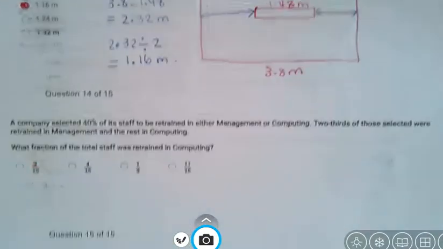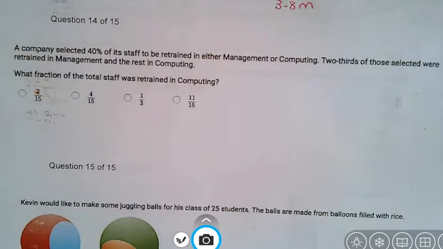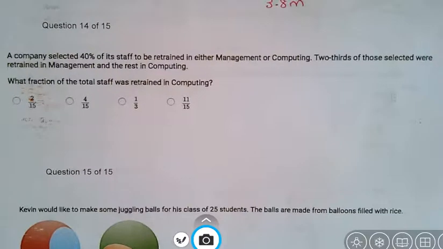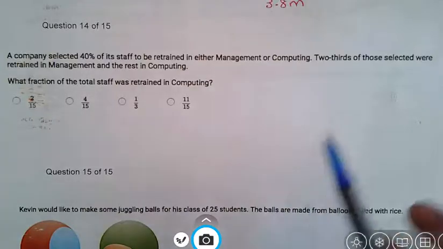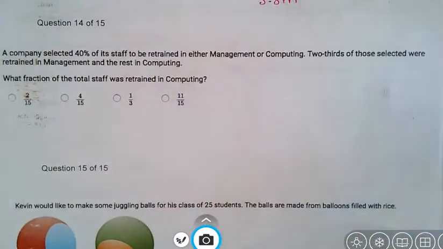Now for question 14, it says, a company selected 40% of its staff to be retrained in either management or computing, and 2/3 of those selected were retrained in management and the rest in computing.